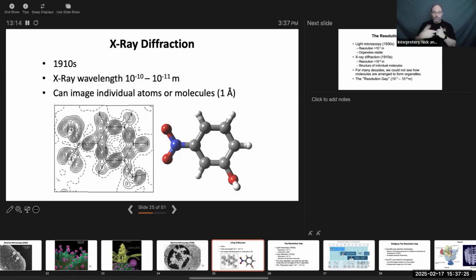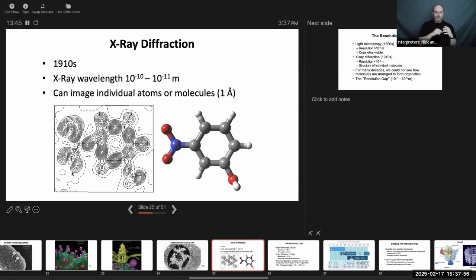And you can use X-ray diffraction to image molecules or even individual atoms, things that are on the scale of 1 angstrom, which is 10 to the minus 10 meters. So what you're looking at on the bottom left is what's called an electron density map. It actually shows where there are clusters of electrons, which are going to indicate the presence of individual atoms, because an atom is basically just a bunch of electrons whizzing around a nucleus.